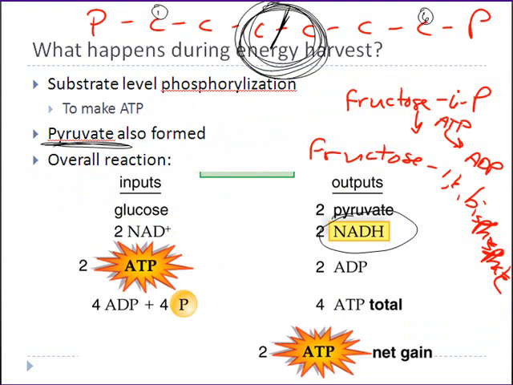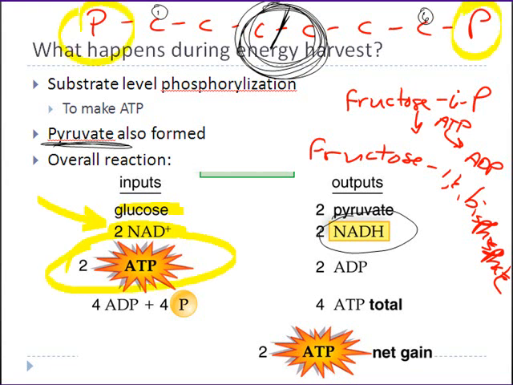So in the energy investment phase, we started out with a glucose molecule, a couple of NAD plus, and that is an oxidized version of NAD. We had to utilize 2 molecules of ATP to attach a phosphate group on each side of that sugar. And we also brought in 4 adenosine diphosphate molecules.